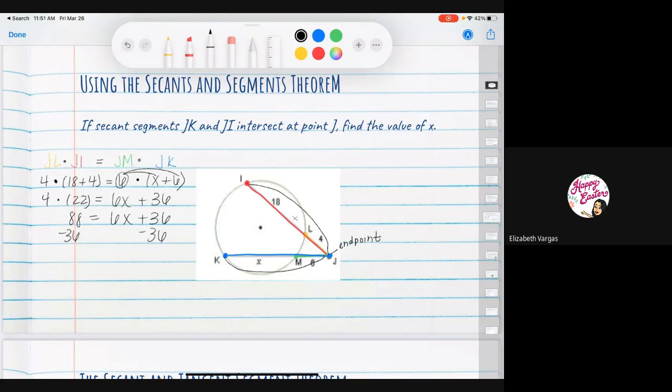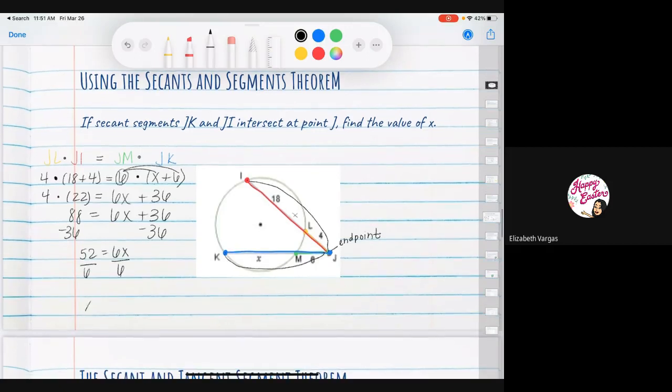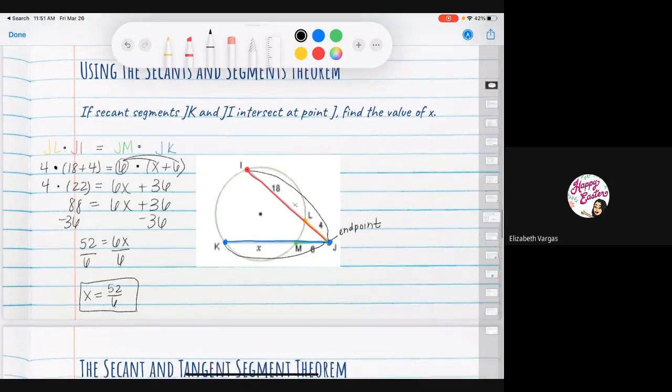So minus 36 gives me 52 equals 6x, divided by 6 on both sides. I can't simplify that any further, so x is just equal to 52 divided by 6. Because if I were to actually divide it, I would get a long decimal, and I don't necessarily want to work with that. So I'm able to solve for x here, which is what I need to do.